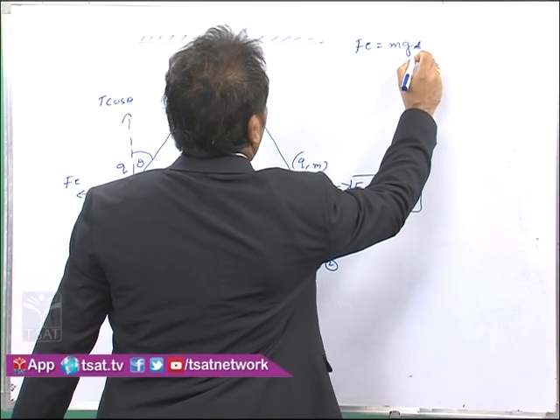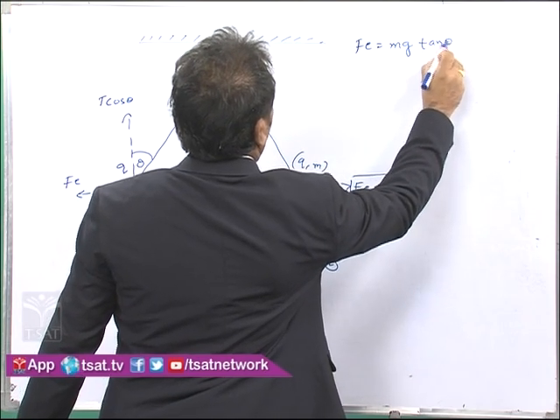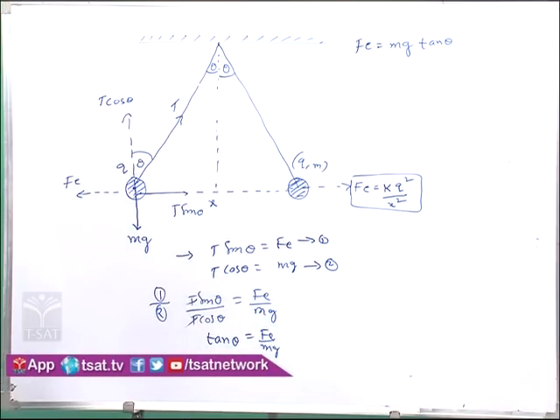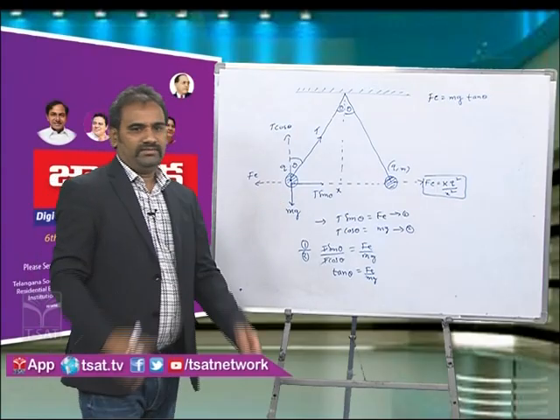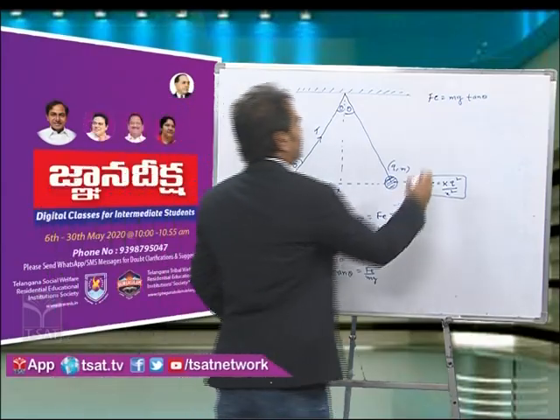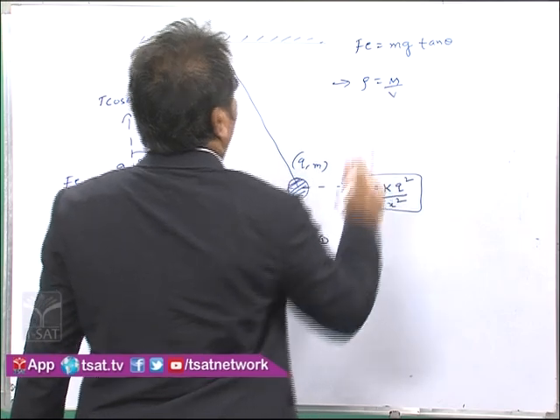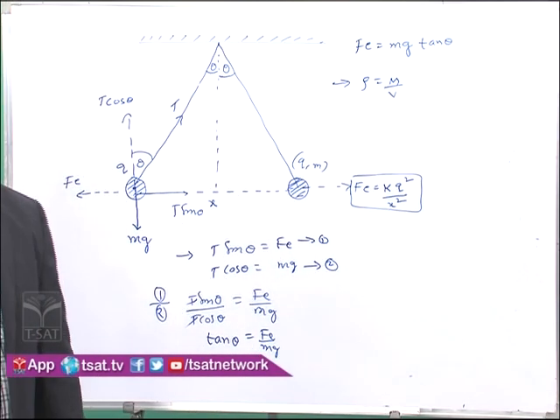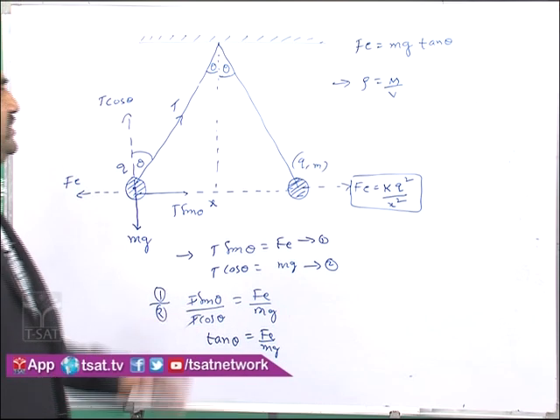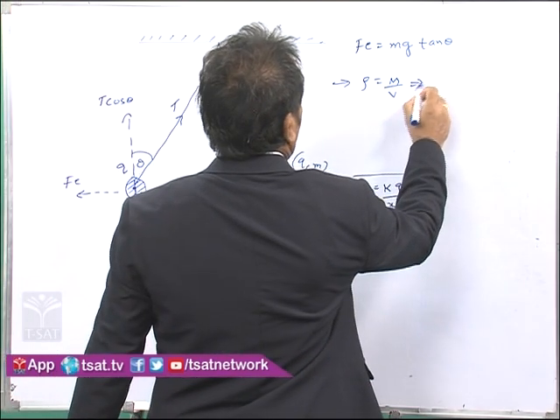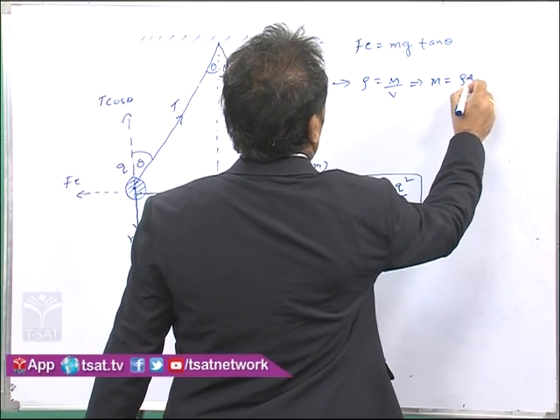mg into tan theta. Therefore, the mass of the ball we have to convert in the form of a density. The density of the ball is given by rho is equal to m by v. Mass per unit volume is called density. Their mass is given as m is equal to rho into v.